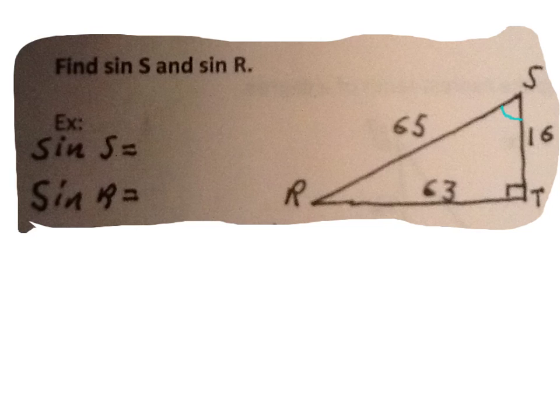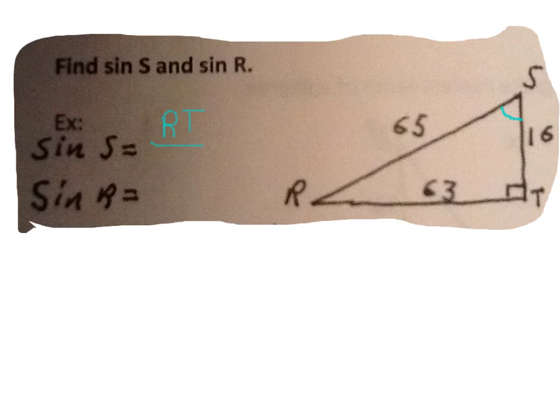Okay, so I want the opposite side of S, so the opposite leg of S. Well, that's going to be, and I hope that you guys can see this on your sheet a little bit better, this is 63 right here. But that's going to be RT, right? RT is opposite of angle S, the opposite side leg of angle S.